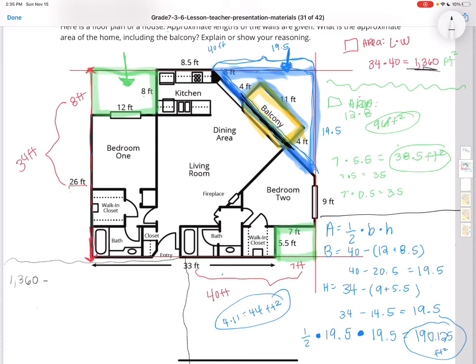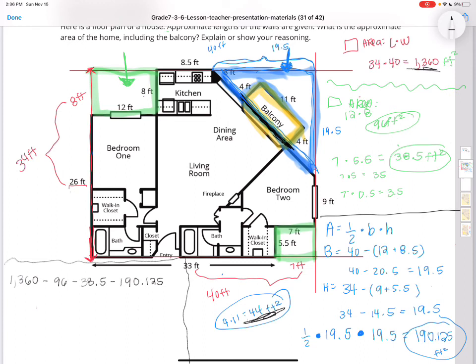I'm going to subtract 96 feet, then subtract 38.5 feet squared, and then subtract 190.125. Then I'm going to add that balcony back in, because that represents our balcony.